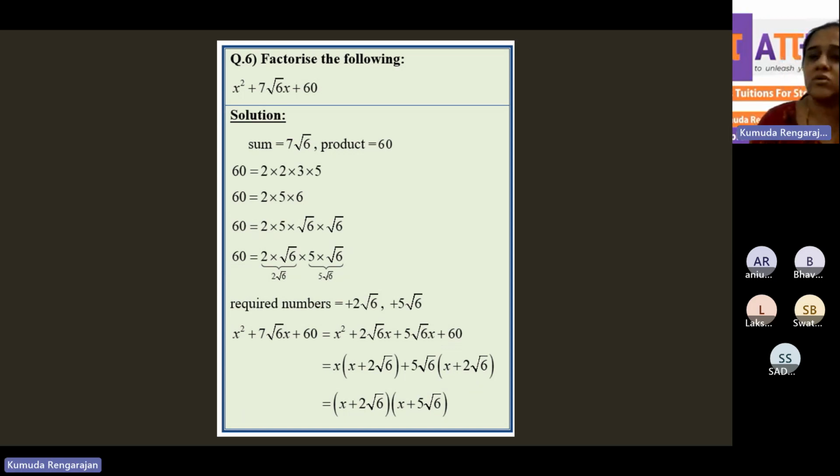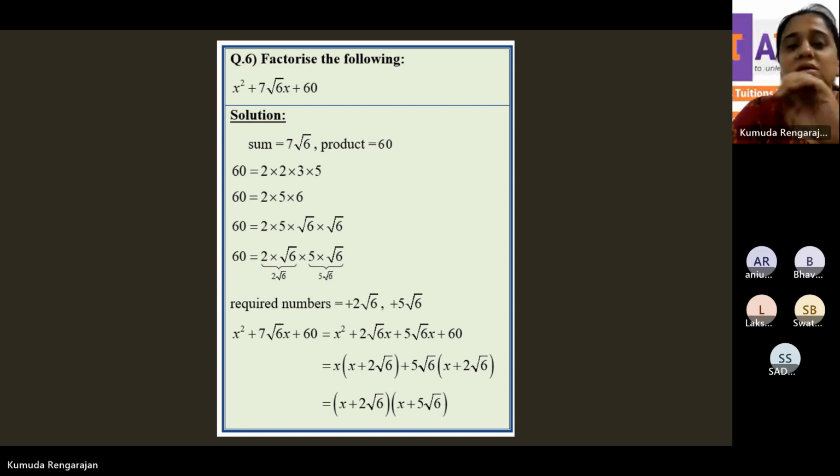All right. So what is it that we understood through this one? When the middle term, the sum, has a surd, that is here 7 root 6, when you factorize the product, you must have 6 in it. And you must write that 6 as root 6 into root 6. That's very important. Supposing the sum is 7 root 5, then 5 should be written as root 5 into root 5.